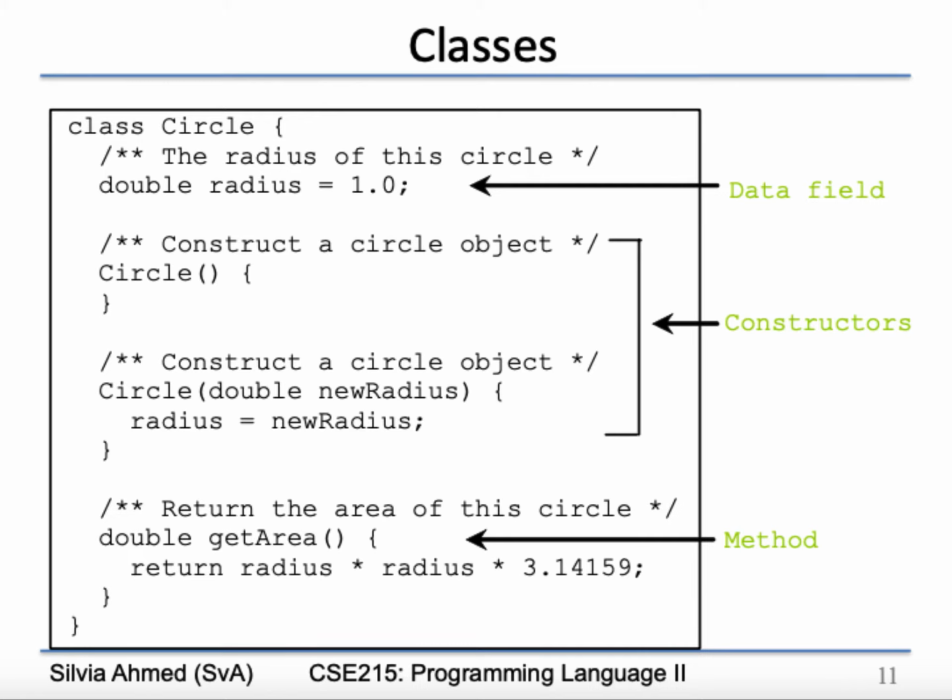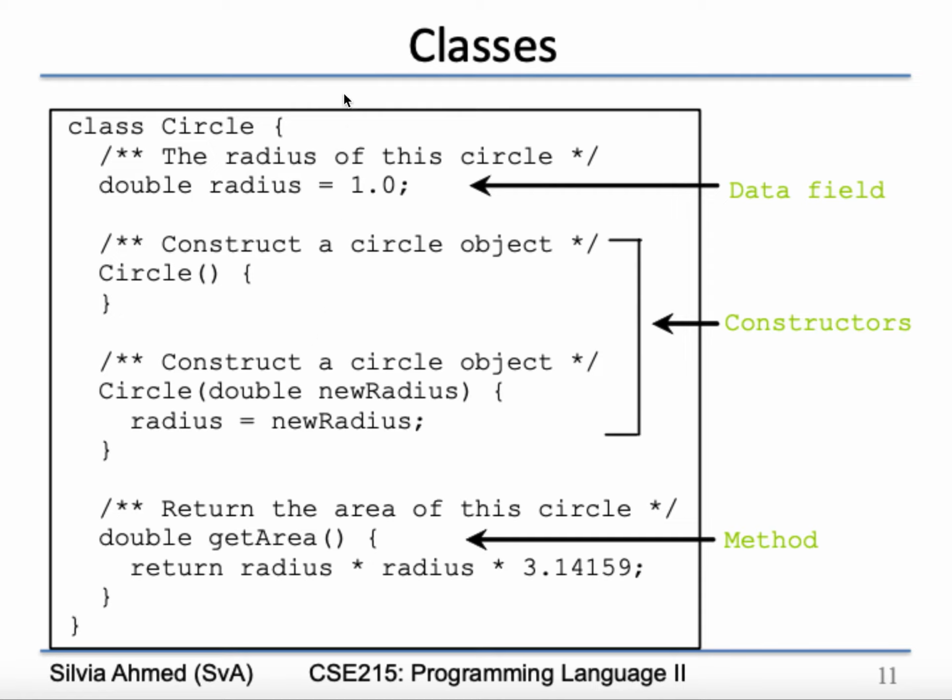So here is our example class Circle. We have actually written many classes so far in our Java fundamental programming, and every piece of code was inside a class. This is our Circle class. We first need to write the keyword class, then the name of the class, then everything goes inside curly braces.